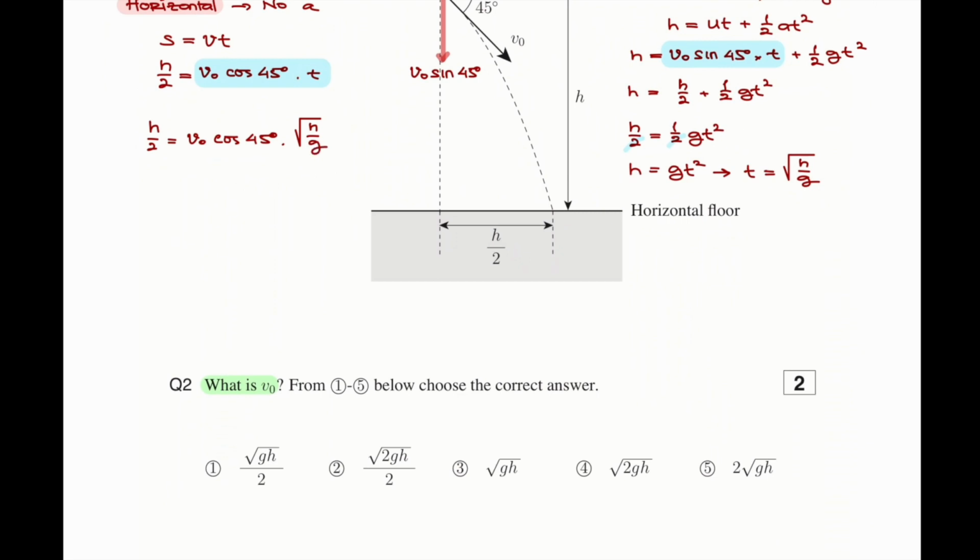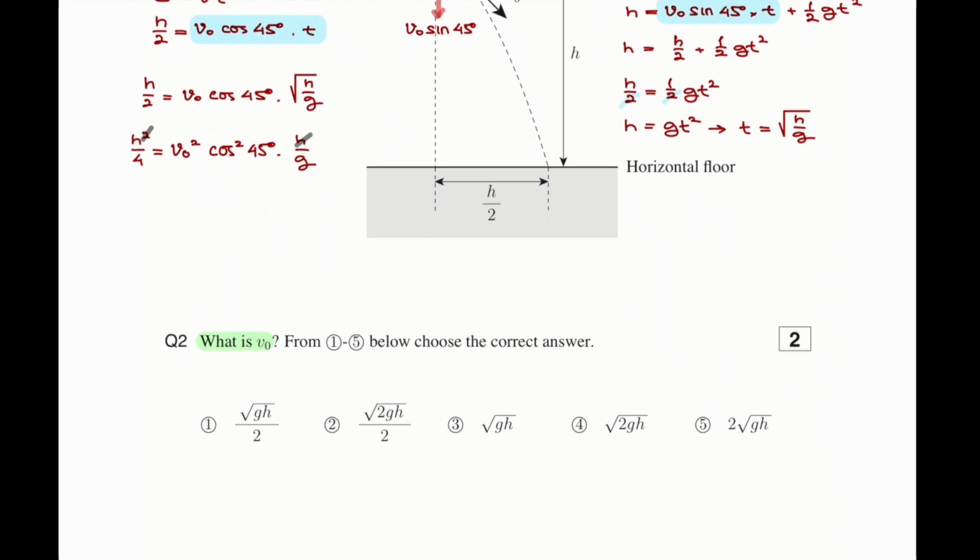And then if I square both sides to get rid of the square root, I will get h squared over 4 is equal to VO squared cos squared 45 degree times h over g, and then cancel one h here. Then cross multiply g to the left hand side, then I will get hg over 4 is equal to VO squared cos squared 45 degree.